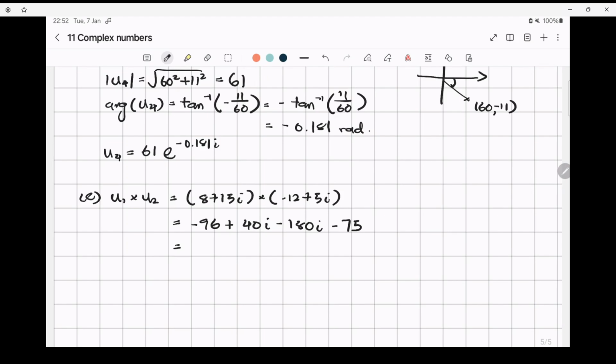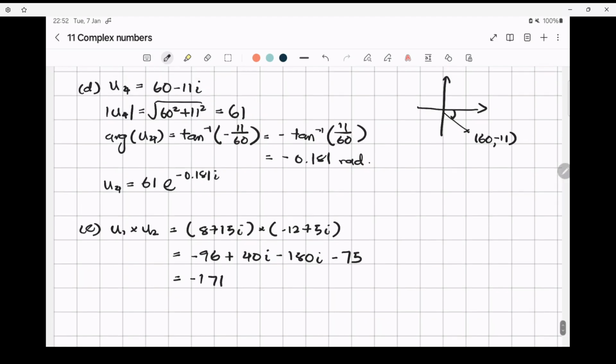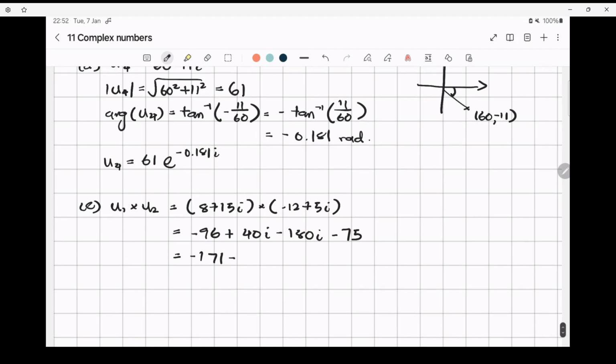So what you will have is minus 171 and minus 140.